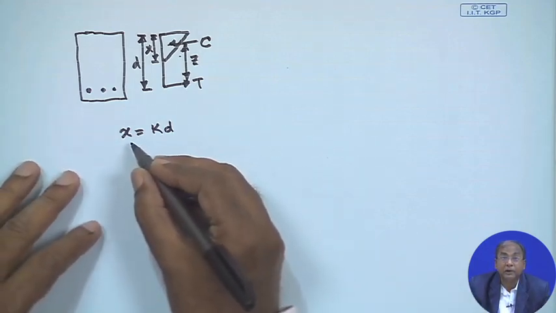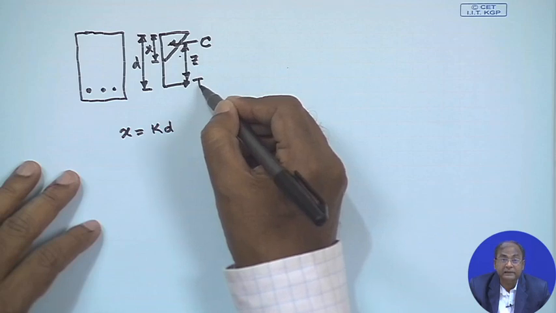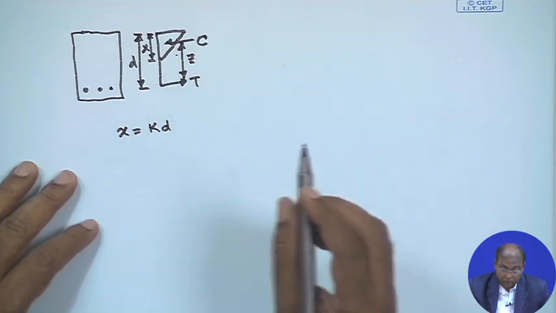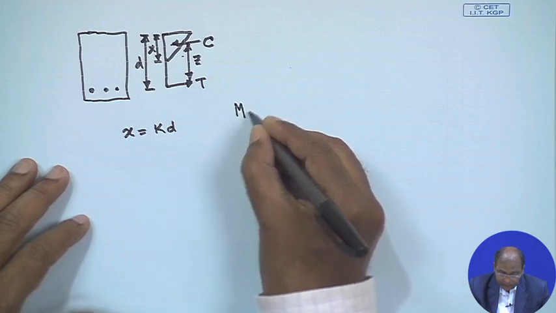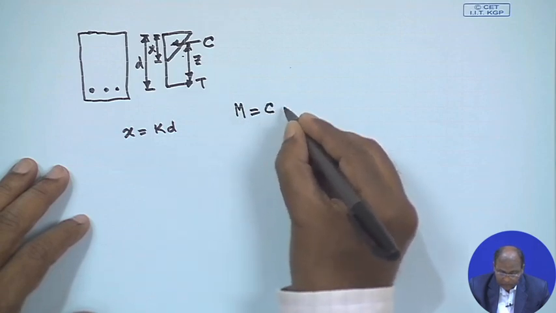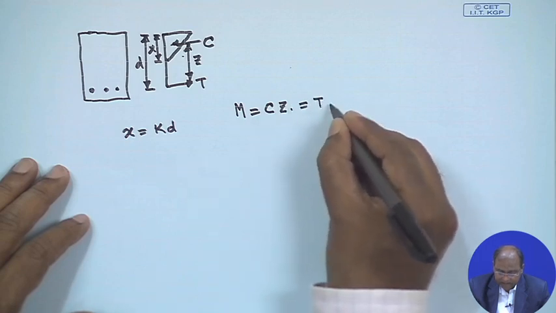Then we can find out here x equal to kd. This is your C and this is your T. So, what we can do is M equal to Cz equal to Tz.